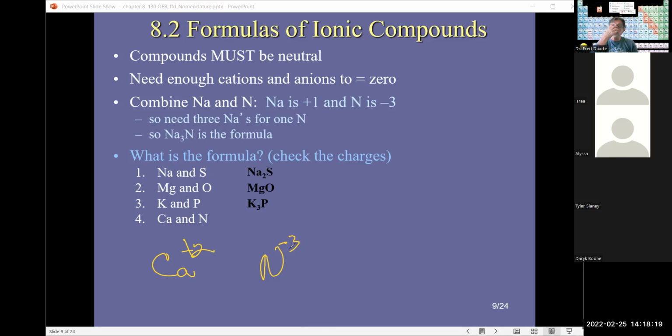I'm trying to put together a +2 and a -3. Unlike the previous 3 examples, which were pretty straightforward, where I need 3 of these, 2 of these, whatever the case may be, over here it is not so much, right? So I've got to put them together so the overall charge is neutralized. So how do I do this?